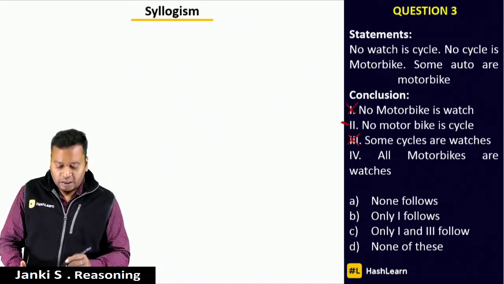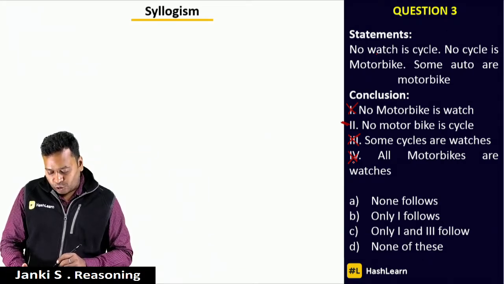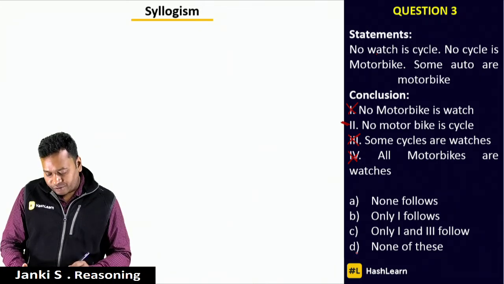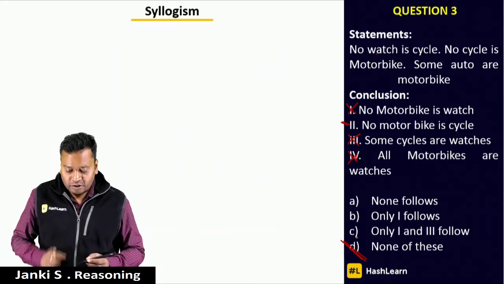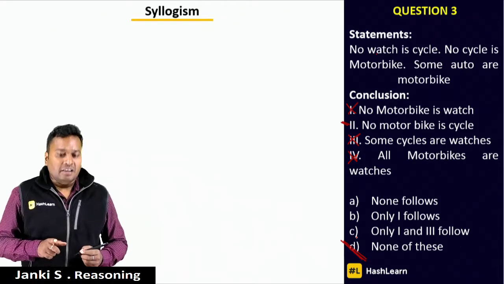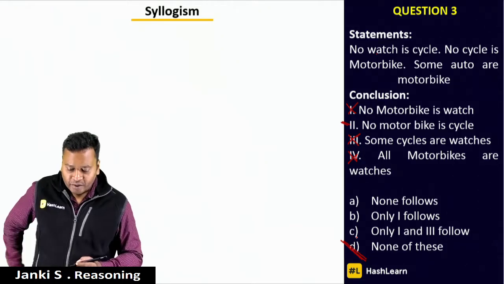All cannot be there, right? So that is also ruled out in this case. That means it should be option 2 alone, which represents which one? None of these, right? Identify the options given. None follows is not happening in this case because the second one is following this, right? So none follows is not possible. Here it is supposed to be none of these, right?